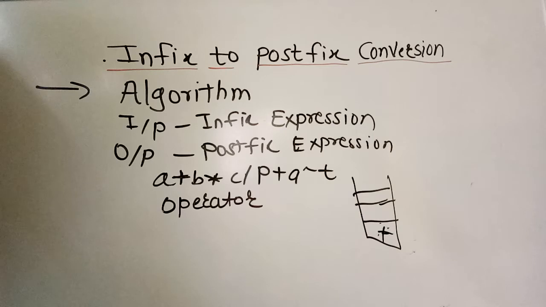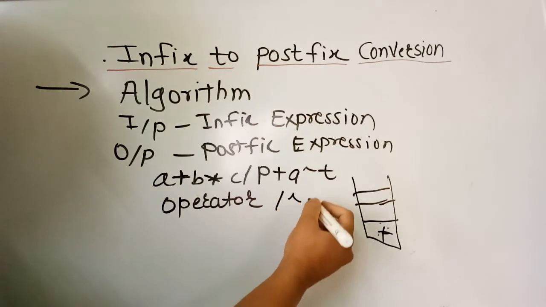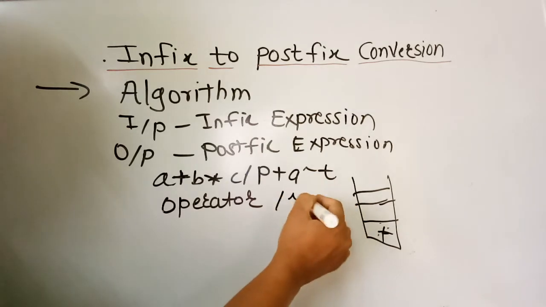If any operator is present there, then check whether the priority of the character is greater than the priority of the topmost stack operator. For example, we all know the operator hierarchy: divide, raise to, plus, multiply, plus, minus.